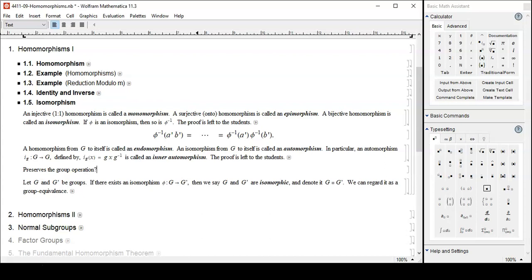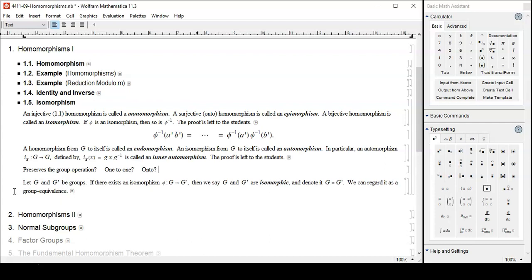Preserve the group operation. One-to-one. You have to prove these three. Now, if you write those symbolically, most of those will be okay. The onto part may require a bit of work. Again, the proof is left to the students.